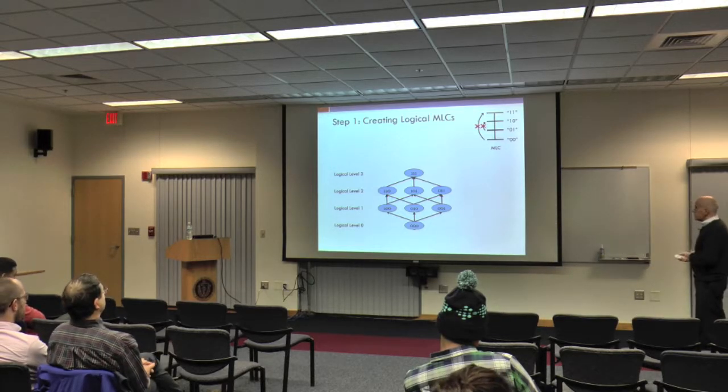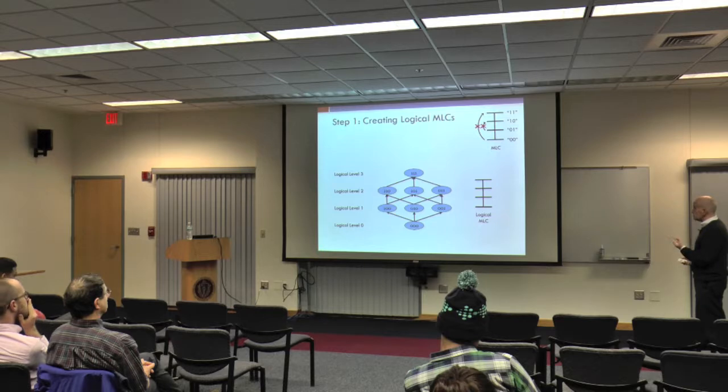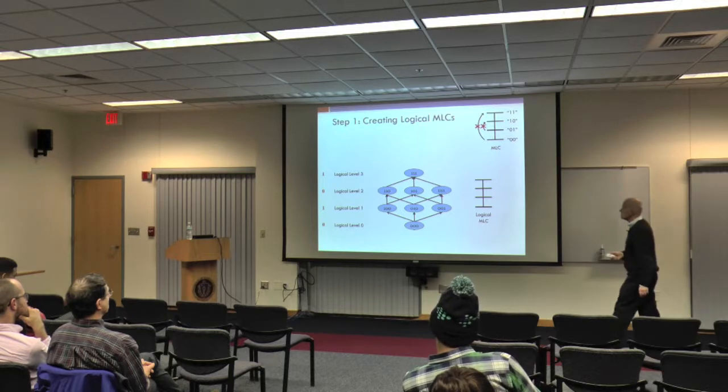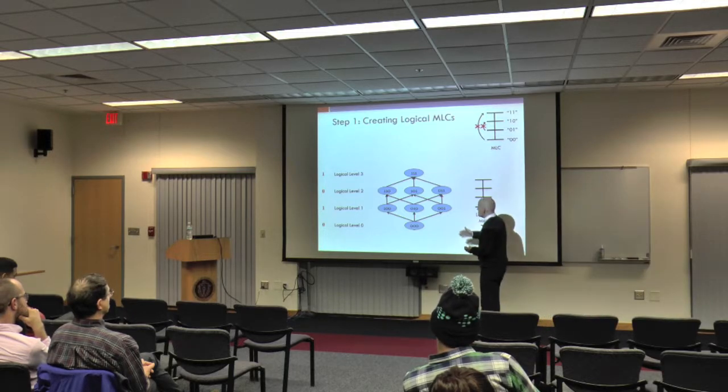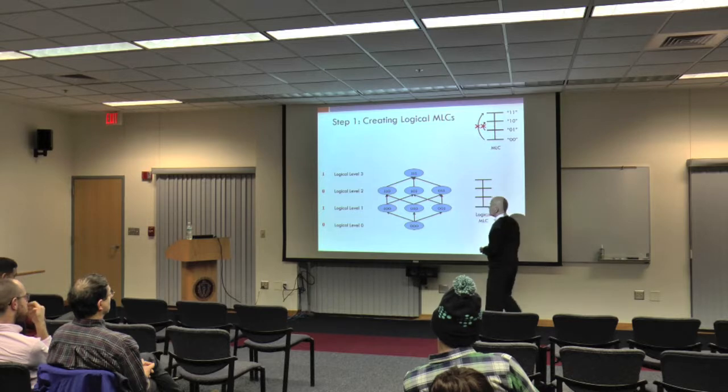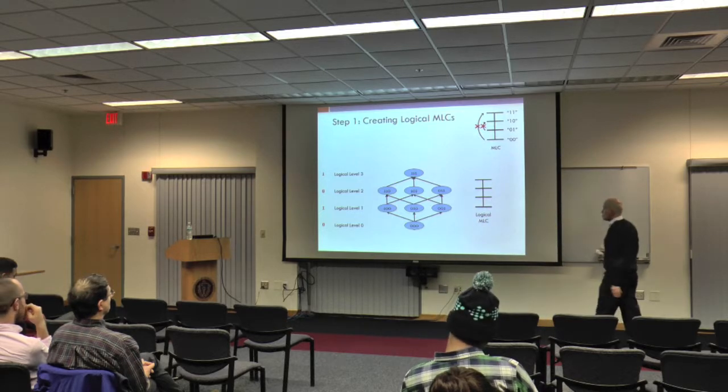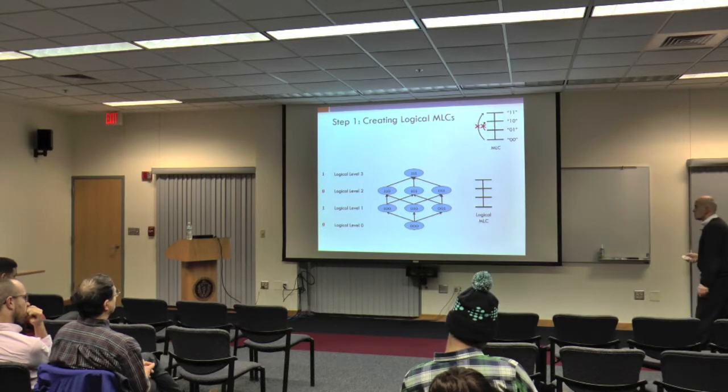But Dan's point of view would be that we've created this logical or virtual MLC. And we can actually use it either to store 1 bit, so here we're storing 1 bit in 4 levels, or we could also use it to store 2 bits.